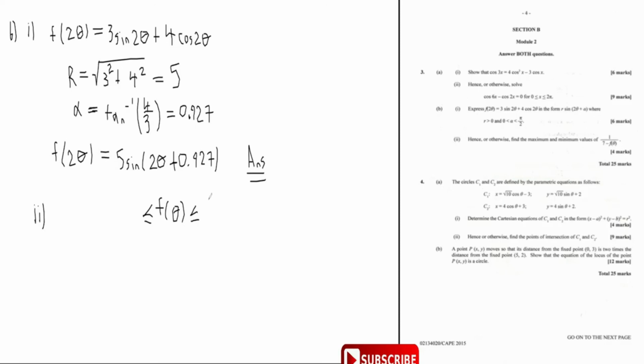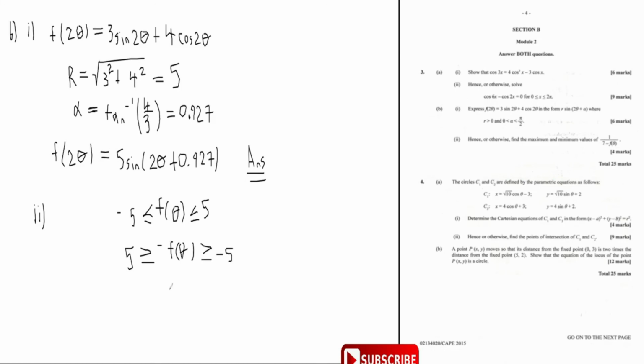R is 5, so f of theta is bounded between 5 and minus 5. Then we divide through by minus 1 to get minus f of theta. Anytime you divide by minus 1, you change the sign. So it becomes minus 5 and 5, bounding minus f of theta.